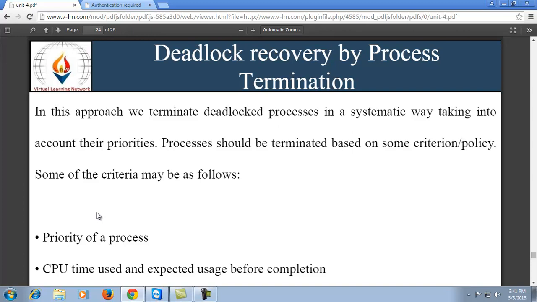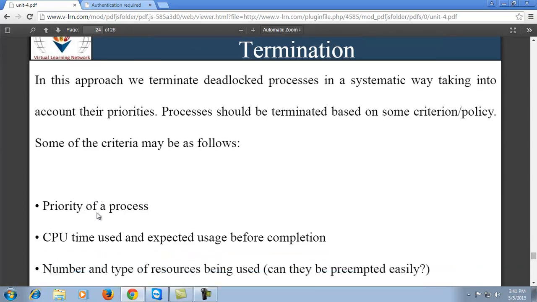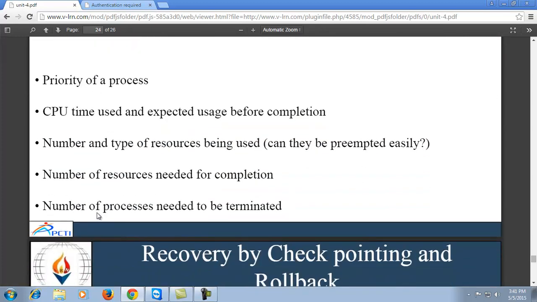Next is CPU time used and expected use before completion. Next is number and type of resources being used. Can they be preempted easily? We can calculate how many resources are allocated to the number of processes and how many resources are remaining for further allocation.